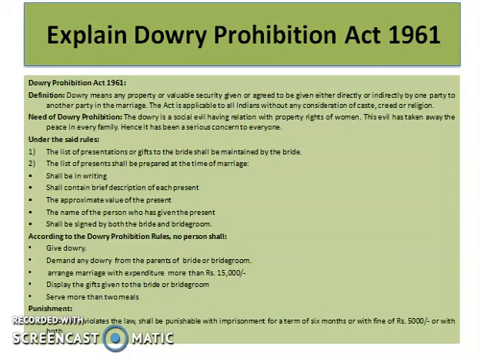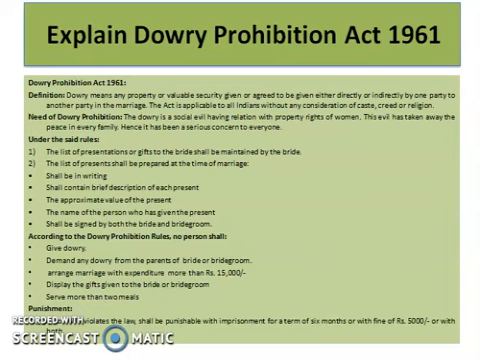The list shall contain a brief description of each present. The list should contain the approximate value of the presents. The list shall contain the name of the person who has given the present, and the list shall be signed by both the bride and the bridegroom.